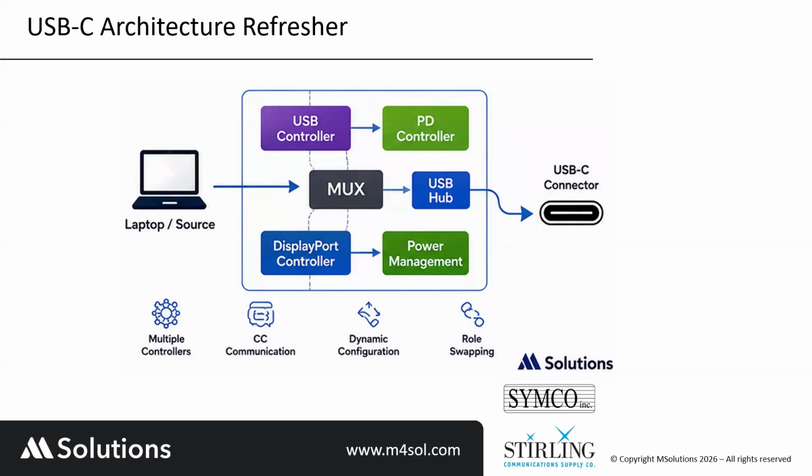The MUX routes the high-speed signal to the correct lanes, meaning whether we are using USB 3.0 or USB 2.0. The power delivery controller negotiates the power between the connected devices.